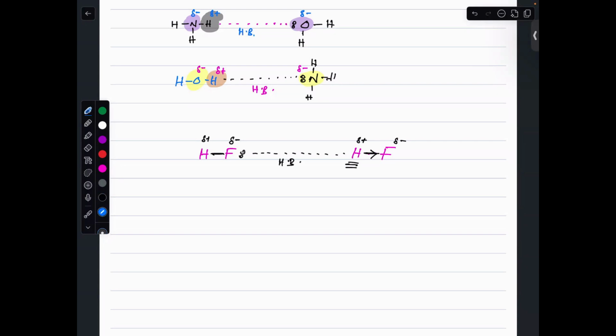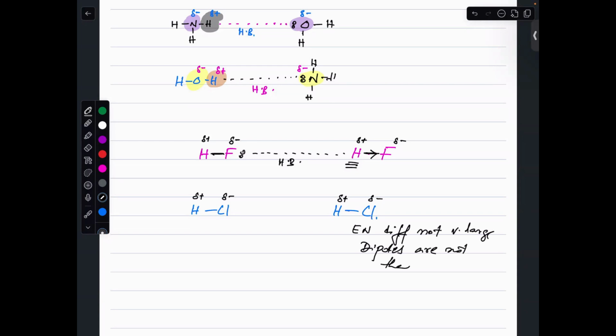Now, if this is HCl, is the electronegativity difference between H and Cl large? No, not that much. So it also has positive and negative, but the electronegativity difference is not very large, so the dipoles are not that strong. These are permanent dipoles.